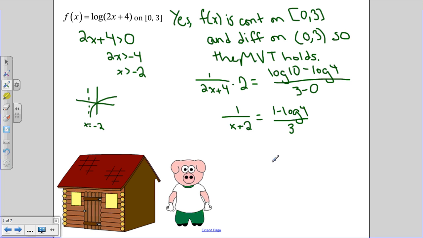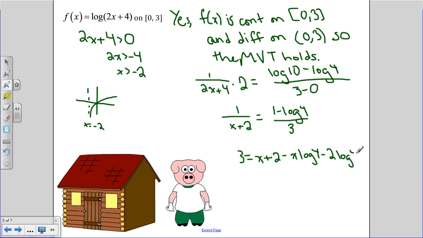Now we just need to cross multiply. So we get 3 equals, multiplying both by 1, I get x plus 1. Multiplying both by log of 4, and I get x log of 4 plus 2 log of 4.